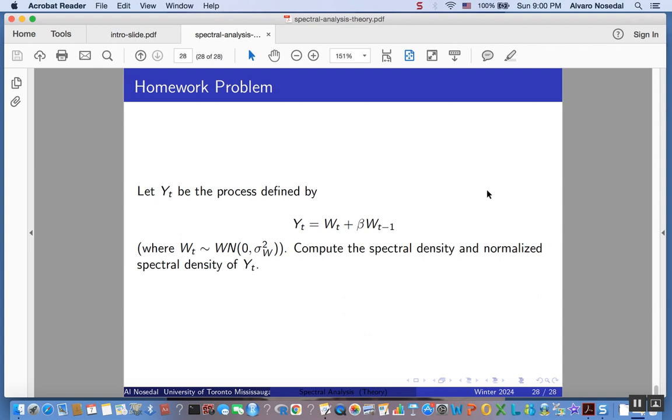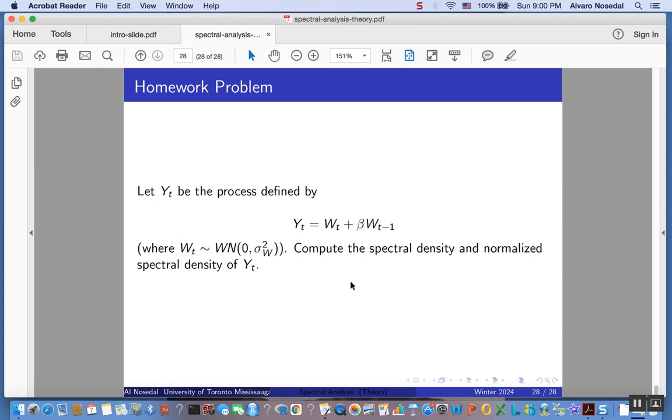We have the following process: Y at t equals W at t plus beta times W at t minus 1, where W_t is Gaussian white noise with mean 0 and variance sigma squared.